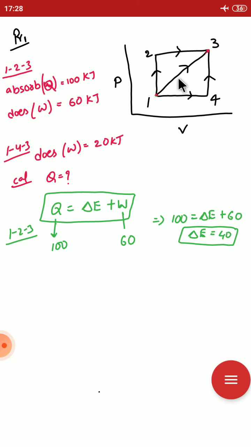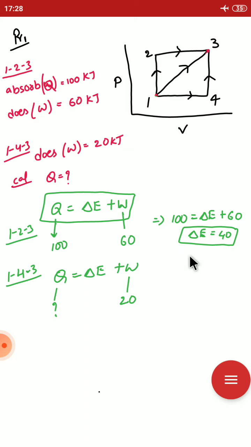So the change of energy between the two states is the same. For the 1 4 3 path also, applying the first law of thermodynamics, the same formula: Q is equal to delta E plus W, and W is given as 20 kilojoules. We are asked for Q.